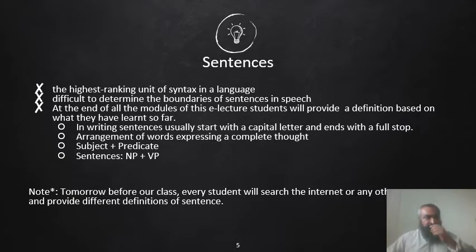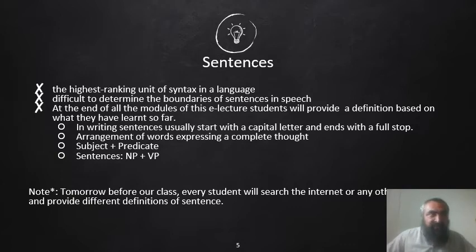Now, another definition that has been provided in books of grammar, and that the teachers at our schools have provided to us on numerous occasions, is that a sentence is a subject followed by a predicate, and a subject is usually in the form of a personal pronoun, or in the form of a noun phrase, and the predicate is the part of the sentence which starts with the verb or the auxiliary verb, and the entire part following it is termed as predicate.